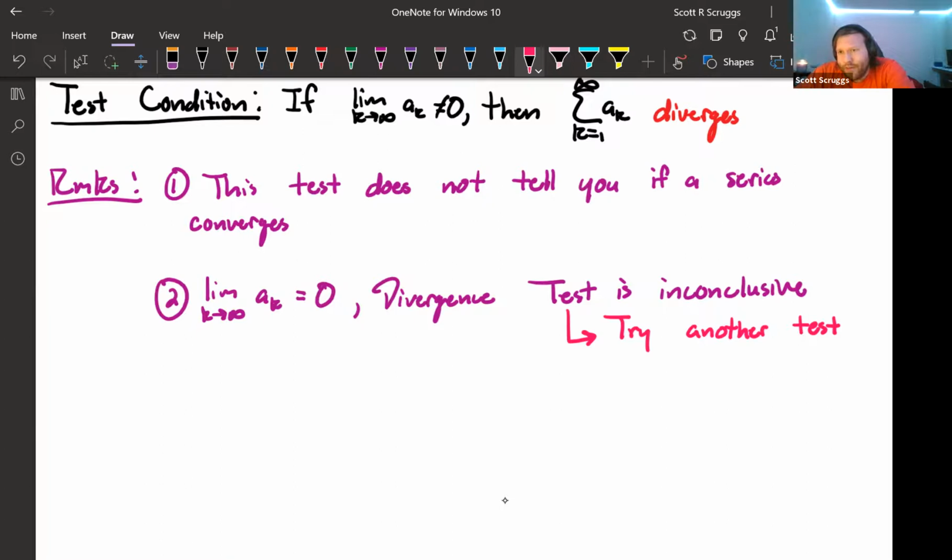And again, remark 2 builds up from remark 1, because the common mistake that I see a lot of people make about the divergence test is to say something like this. And I'll use orange, since we're Clemson and I already wrote in purple, so let's fit with school colors. A lot of people like to say for the divergence test, oh well, the limit as k goes to infinity of a_k is 0, then the series must converge.